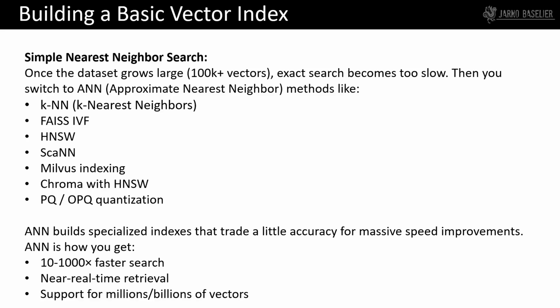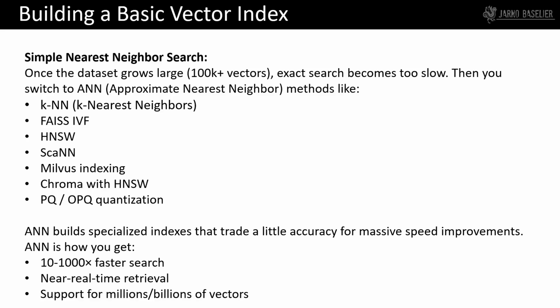Once the dataset grows large, like more than 100,000 vectors, exact search becomes too slow. And then you'll switch to ANN, an approximate nearest neighbor method. And we have different methods, for instance KNN, the K nearest neighbors, FAISS, IVF, HNSW, and another two that we are going to discuss are Milvus indexing and Chroma with HNSW.